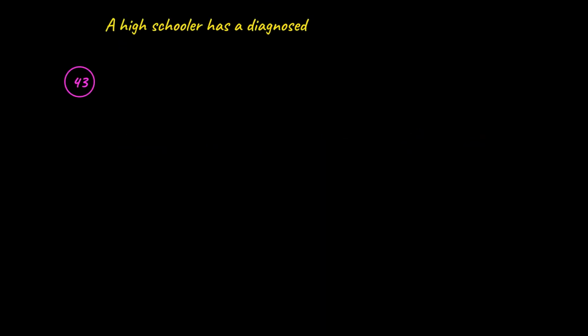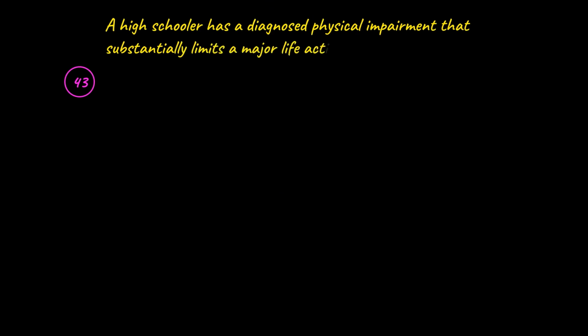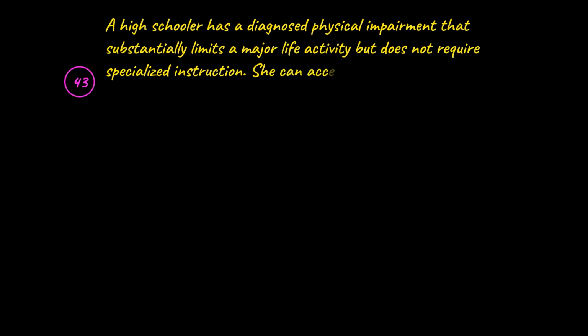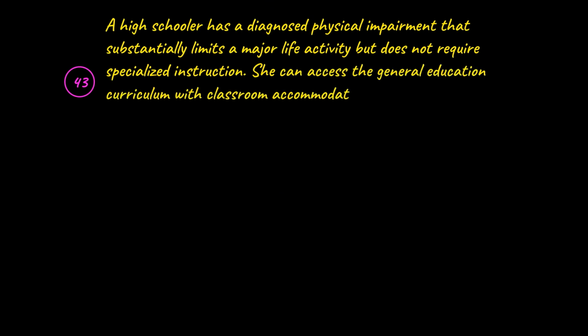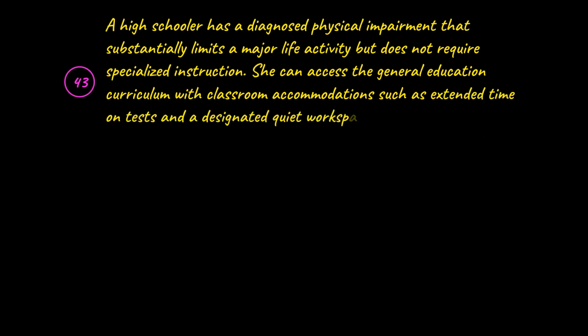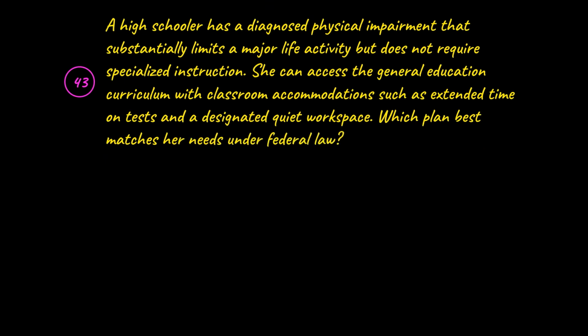Question 4.3. A high schooler has a diagnosed physical impairment that substantially limits a major life activity but does not require specialized instruction. She can access the general education curriculum with classroom accommodations such as extended time on tests and a designated quiet workspace. Which plan best matches her needs under federal law?